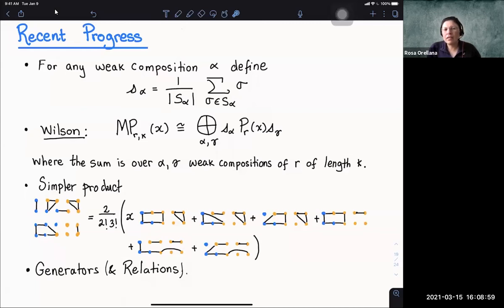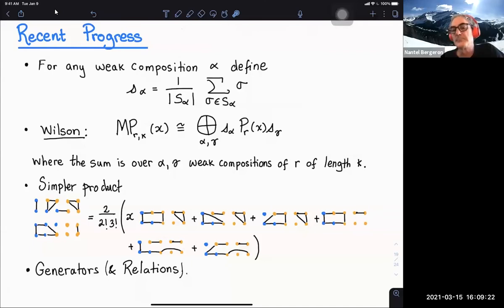Independent even of this, if you take the orbit basis in the partition algebra, it's not a monoid in that sense. So one of my questions is, does there exist a basis such that it's kind of monoid-like, that you multiply and you obtain one?